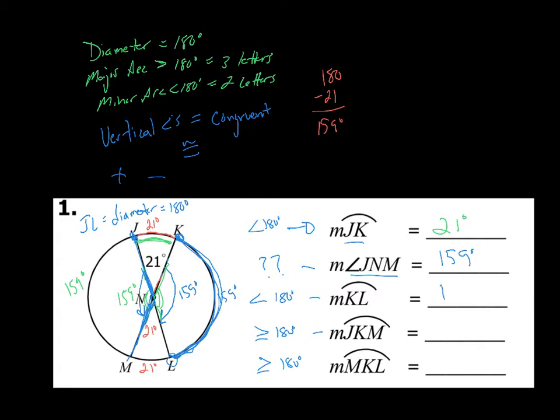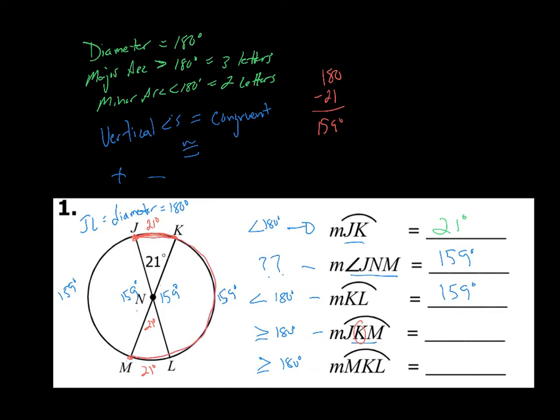We already said that that was 159 degrees. And then we have major arc JKM. So let me just erase a little bit and get neatened up. Okay, so if we start at J, go through K and stop at M. So through K is this way, and we're going to stop at M over here. So that's JK all the way to M.